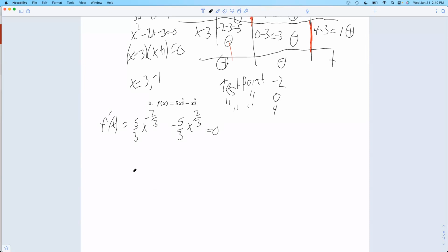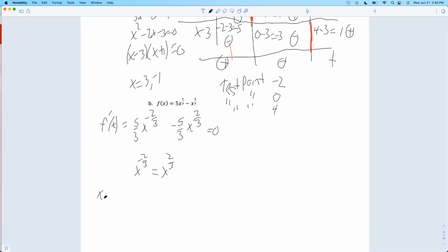Okay, I would get rid of those 5/3, x to the negative 2/3. We could even move that over to the other side, equals x to the positive 2/3. Now we got to be careful here, multiplying both sides by our variable, but we could cube both sides.